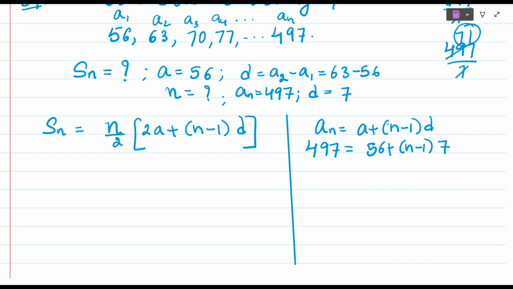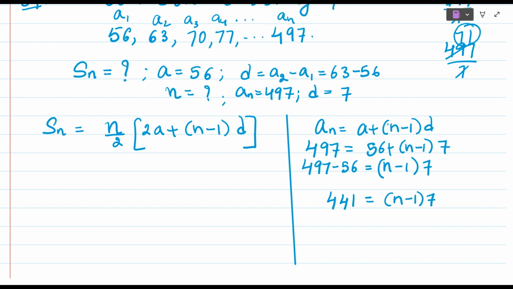Now solve. Transpose 56. So 497 minus 56 will be equal to n minus 1 into 7. How much is this, students? 7 minus 6 is 1, and 9 minus 5 is 4, so 441 is equal to n minus 1 into 7.